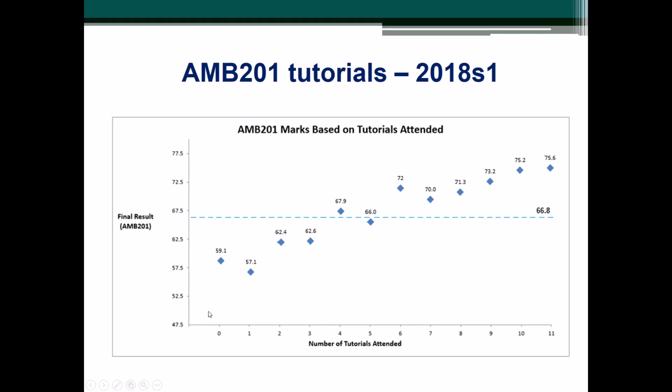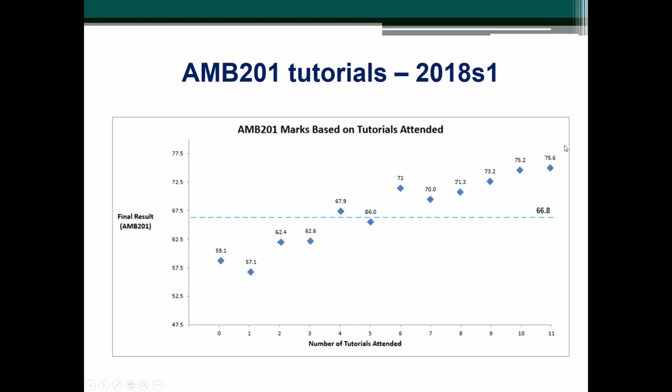So rather than getting scores right down here for the 0 attenders, what we see is that those students started to perform a little bit better. Students attending all tutorials also had an overall average increase in their grade of about 2 or 3%.